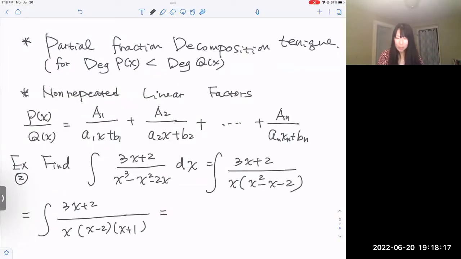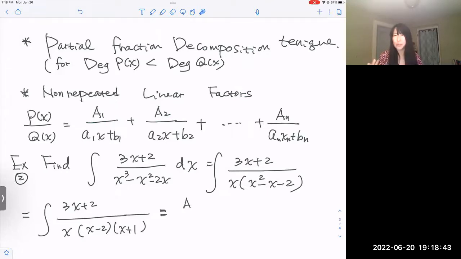So in this case, we're gonna find A, B, C, because we have 3 different linear factors. So this is equal to, look, we're gonna say A, constant, another constant, and so on, right? So since we have 3, we could say A sub 1, A sub 2, A sub 3.